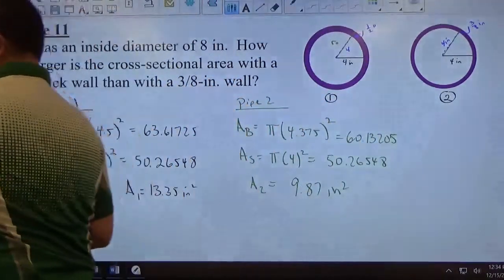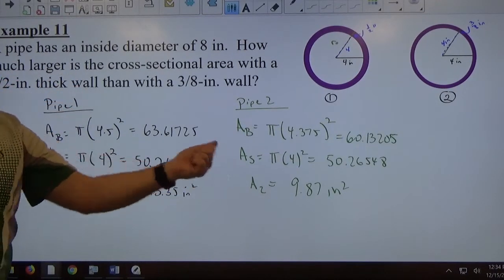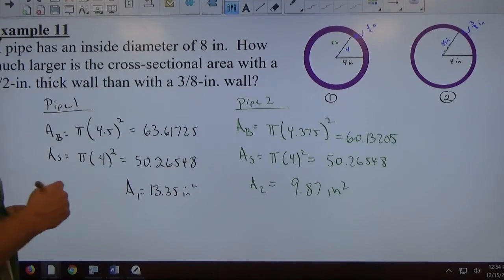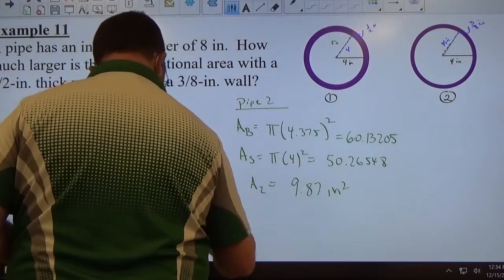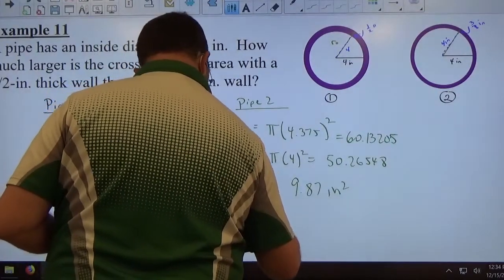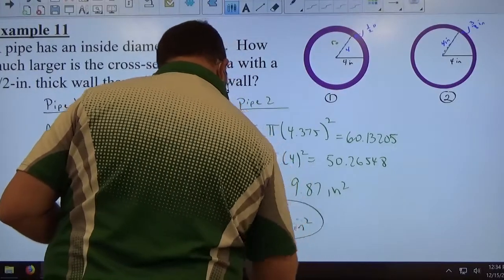It didn't specify anything about significant digits here or number of decimal places. I'm just going to go to a couple decimal places. So when it says how much larger is the first pipe than the second pipe, we just take the larger area minus the smaller area to figure the difference. So the difference in area is 3.57, 3.57 square inches.